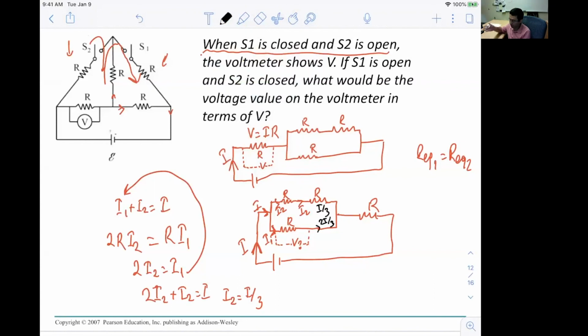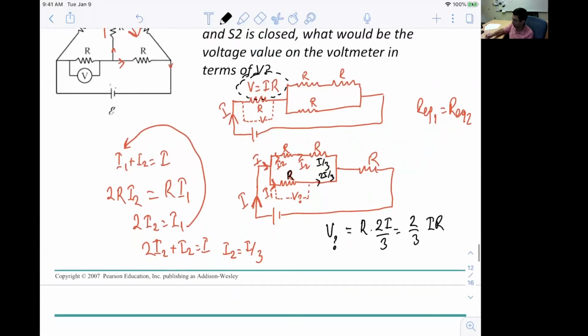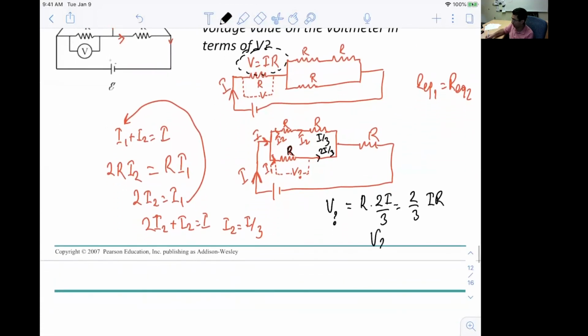And the potential at the end on that resistance R is going to be R times 2I divided by 3, 2 over 3 IR. So IR at the beginning was defined as V, right? Then the potential at the end is going to be 2V over 3.